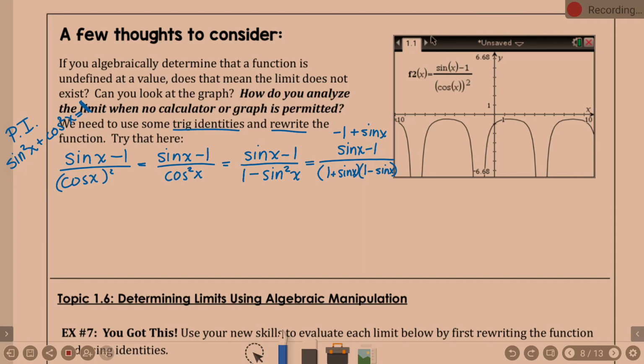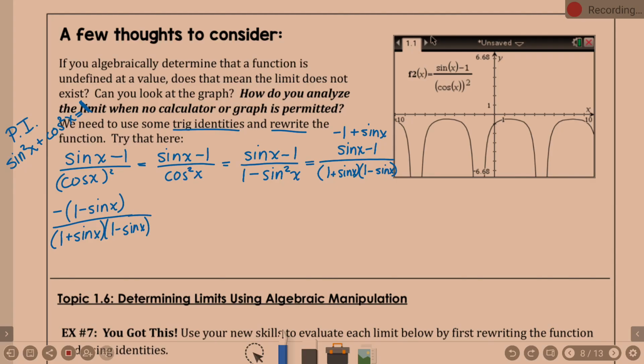And you guys can do some of this in your heads. I'm writing down a lot. But if I take the negative and I factor it out, I'm left with what? +1 minus sine x over what I already had, which was 1 plus sine x times 1 minus sine x.